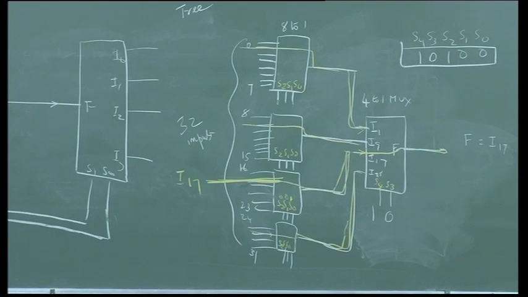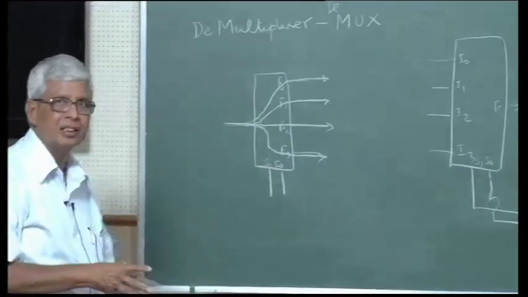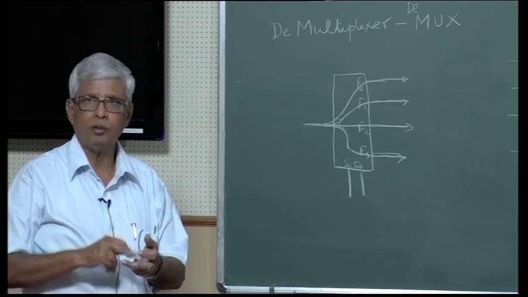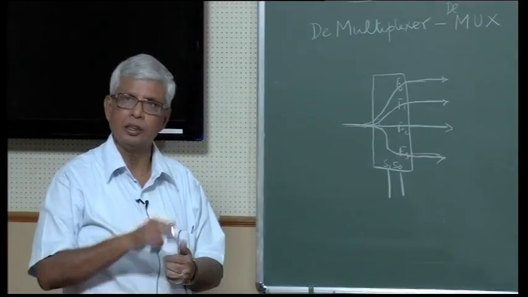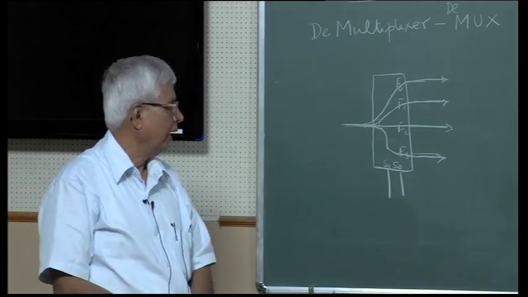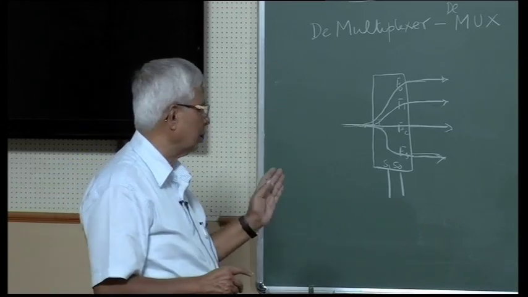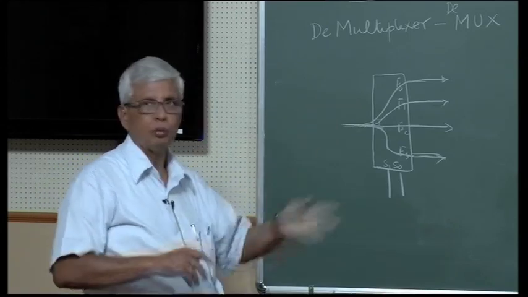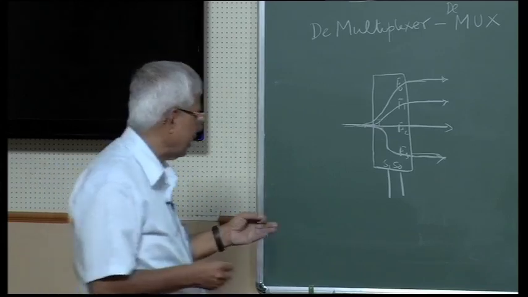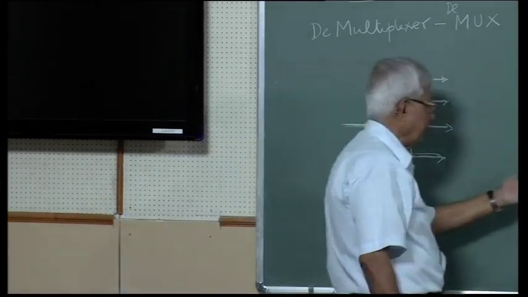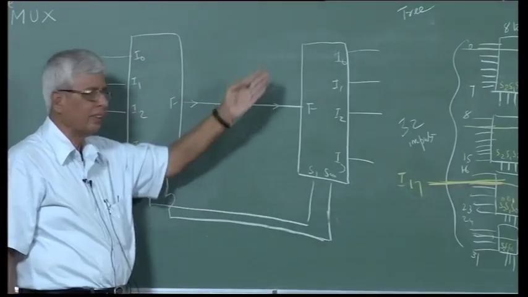So we saw what a multiplexer is: several inputs and one output. How to select the output depends on the selector lines. We can have 2 to 1, 4 to 1, 8 to 1, 16 to 1, 32 to 1, whatever. And we saw the demultiplexer, which is one input going to several outputs. By synchronizing the multiplexer and demultiplexer, we can select one of the inputs as the corresponding output.